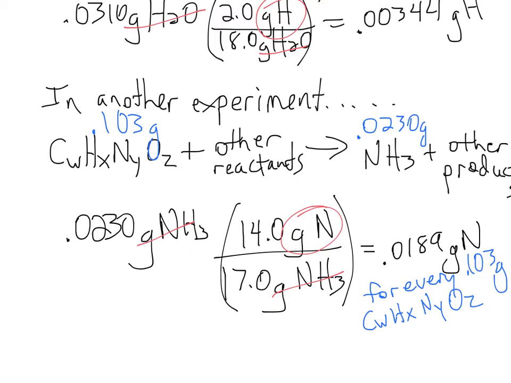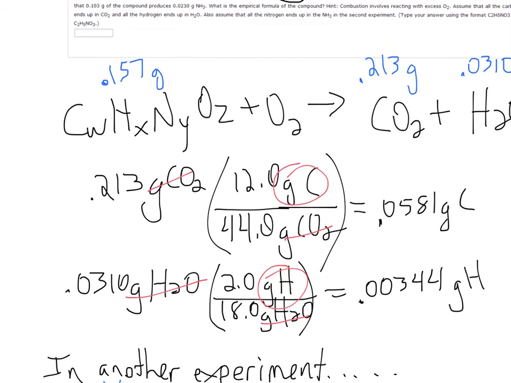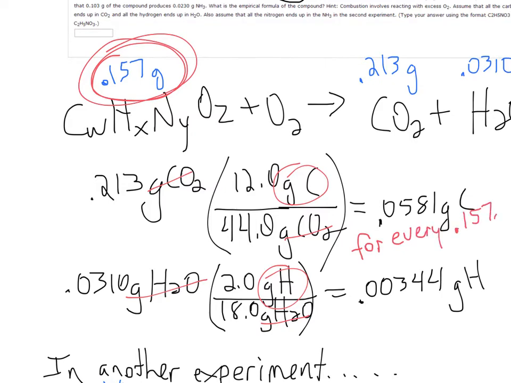But that's different from the experiment that we had worked with before. In the earlier experiment, they had said that it's 0.157 grams of the unknown. So the mass of carbon that we had worked out was the mass for every 0.157 grams of the unknown.